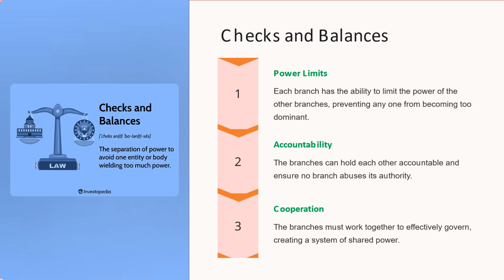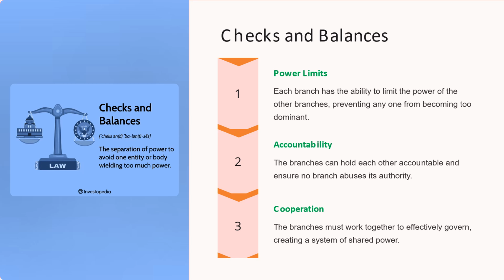Checks and balances. Checks and balances are mechanisms that limit power, ensure accountability, and foster cooperation. Each branch has the ability to limit the power of the other branches, preventing any one from becoming too dominant.